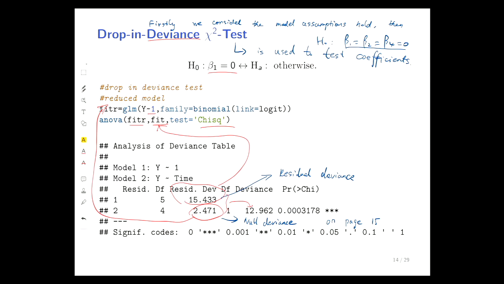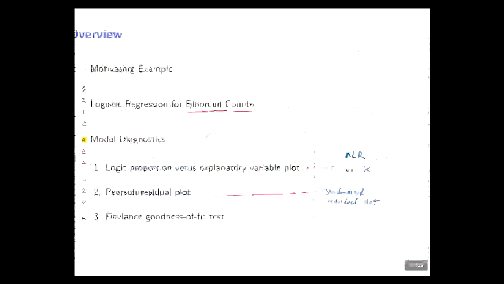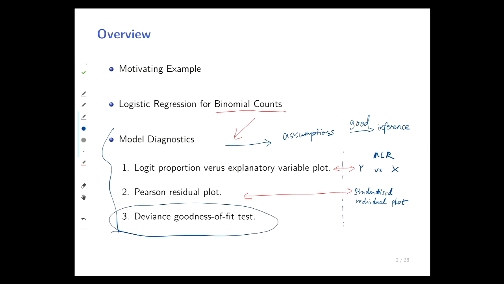Before we do this dropping deviance test, we actually need the model diagnostics. The logic here is that we need to do the model diagnostics first to check the assumptions. If the assumptions are good, then we can perform the inference, including the hypothesis testing, confidence intervals, and everything. If the assumptions are not satisfied, we cannot do that. So in order to perform the model diagnostics, the third step is to perform this deviance goodness of fit test.